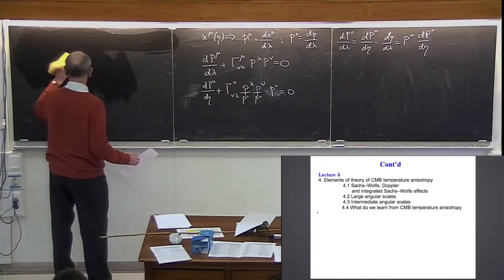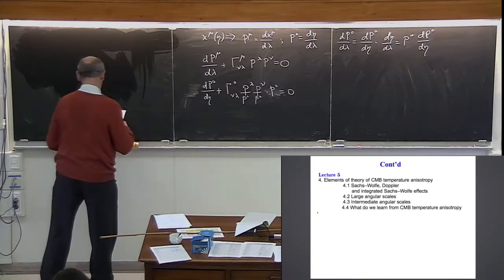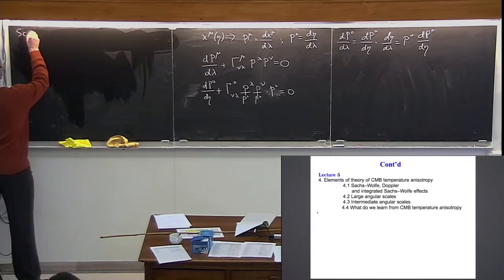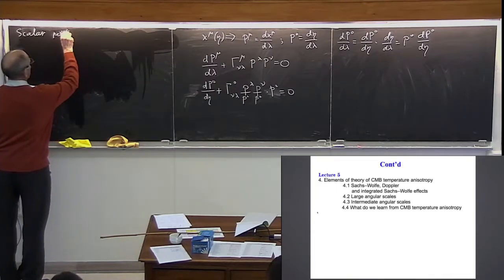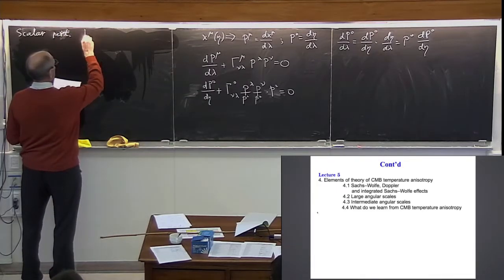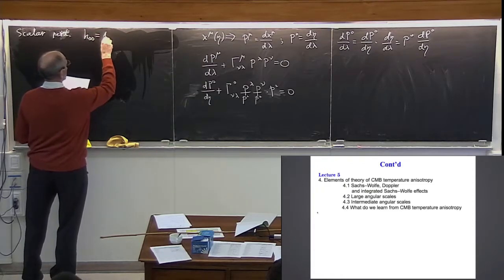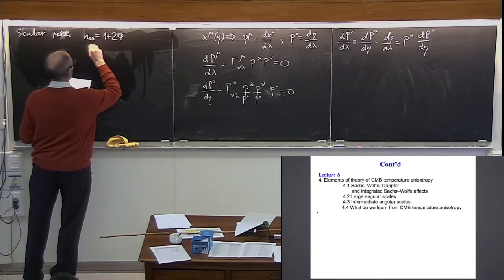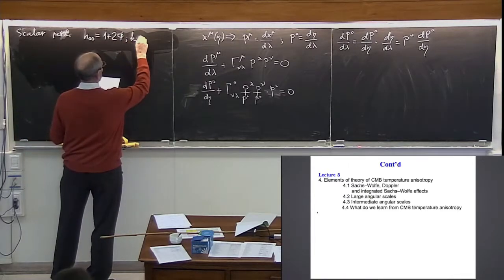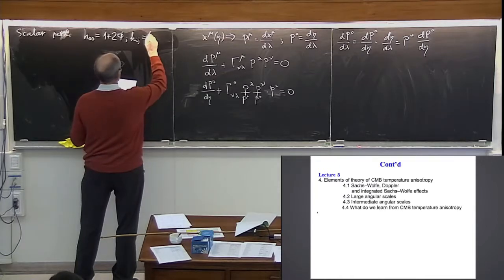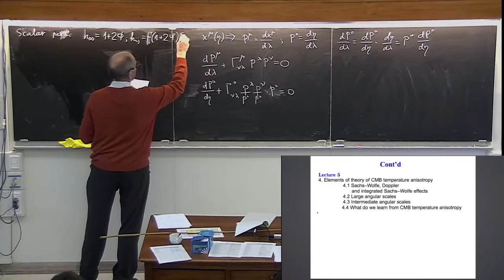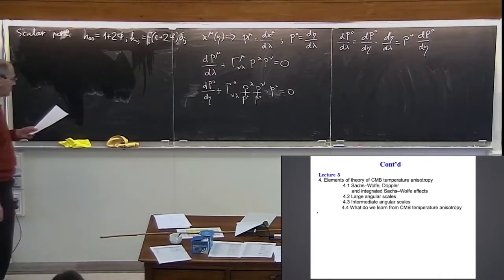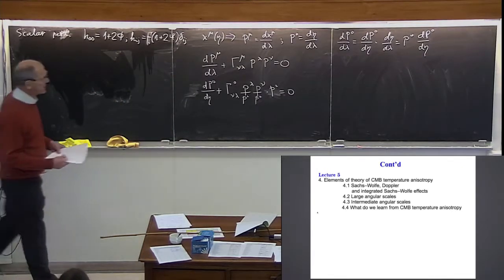So for scalar perturbations, we have the metric in conformal Newtonian gauge: h_00 is 1 plus 2φ, h_ij is minus 1 plus 2ψ in general times δ_ij. And from that you immediately calculate, I mean, the point here is that this term is first order.